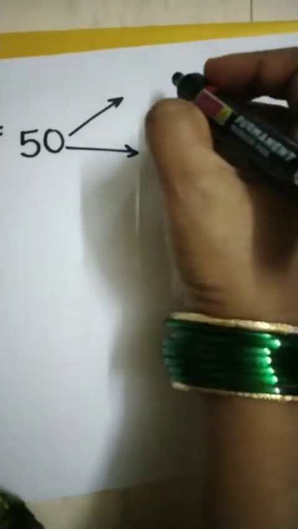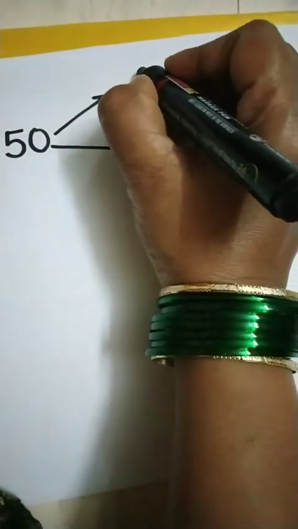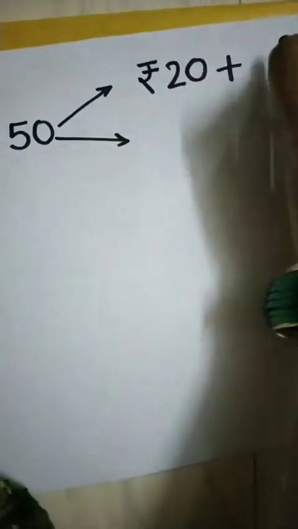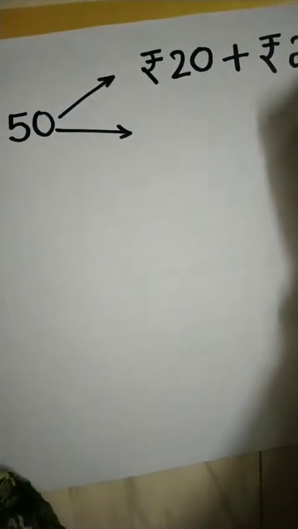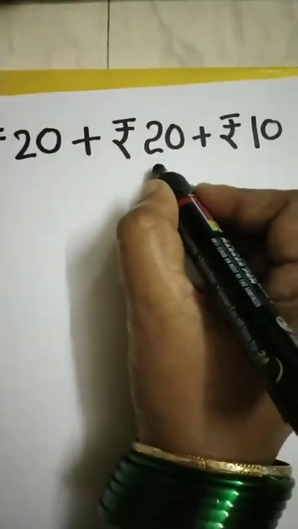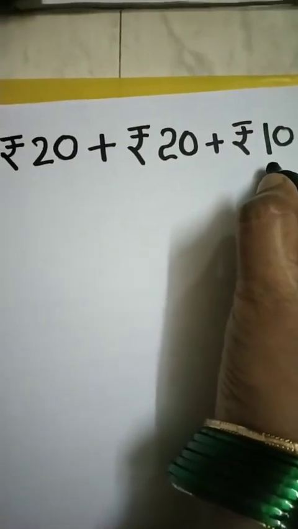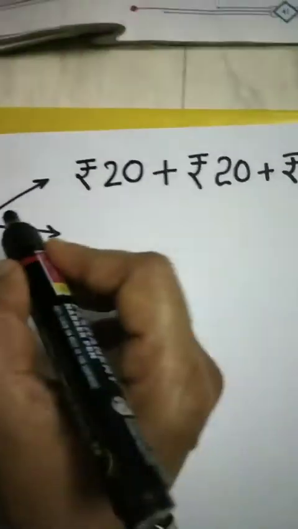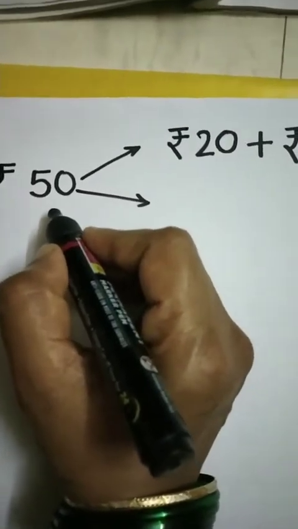So we can have rupees 20 note plus 1 more rupee 20 note and plus 10 rupee note. 20 plus 20, 40 plus 10 is 50. So this can be the change for 50 rupees.